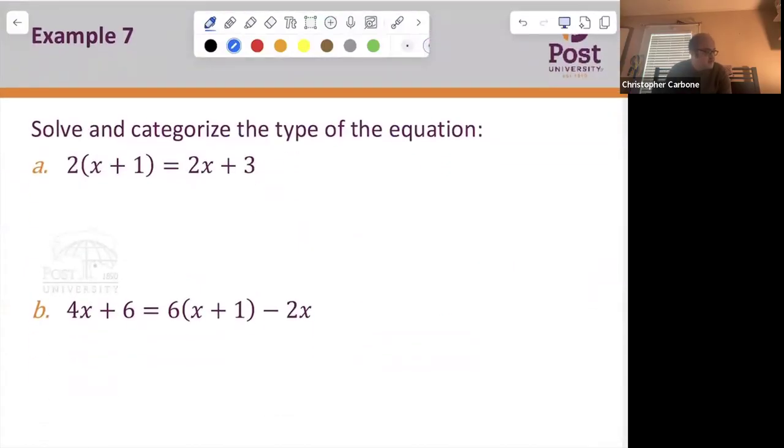So we can specifically attempt to categorize types of equations. I have two here. 2 times x plus 1 is equal to 2x plus 3.